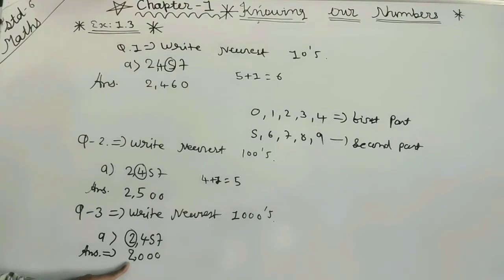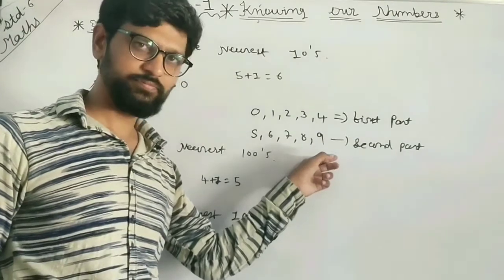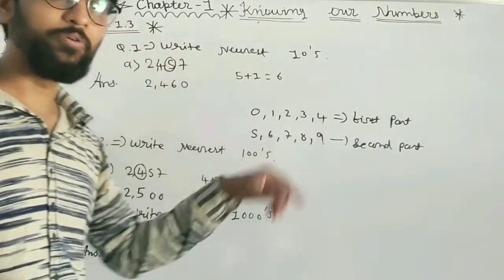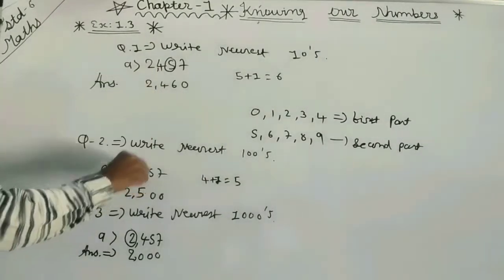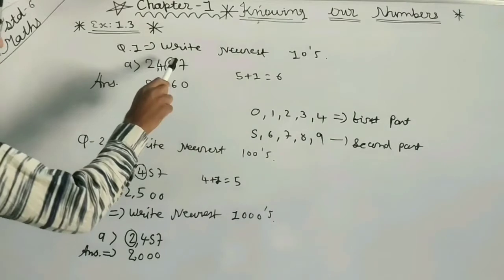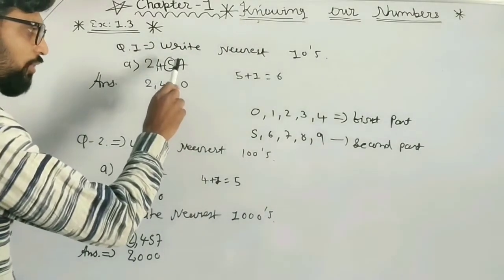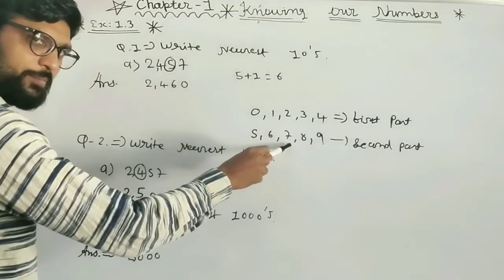No change in it. But if it is from the second part, then you have to add 1 to that particular number, at the place value. Here I added 1 to the 5 because very next is 7 and 7 came from the second part.